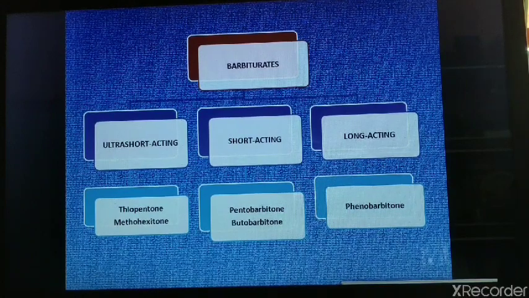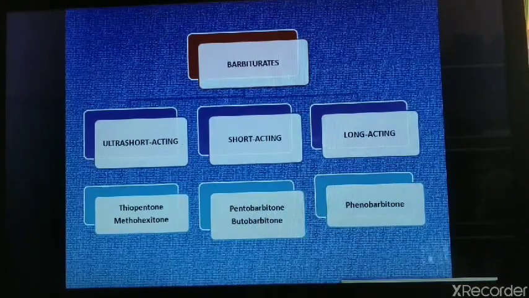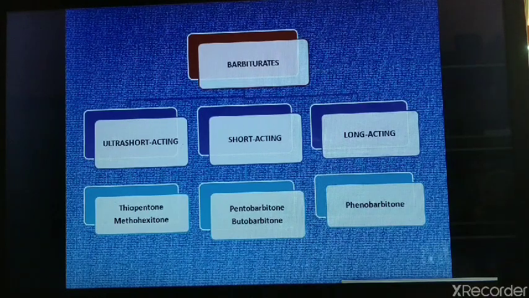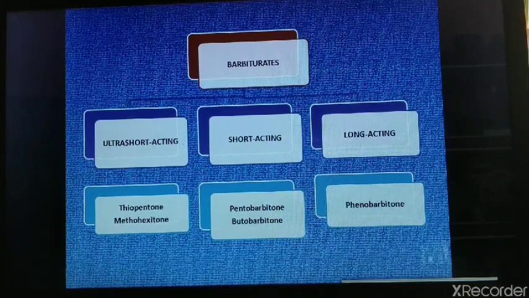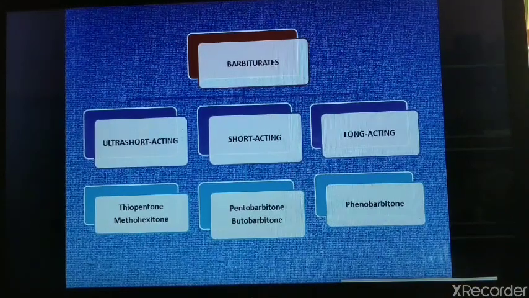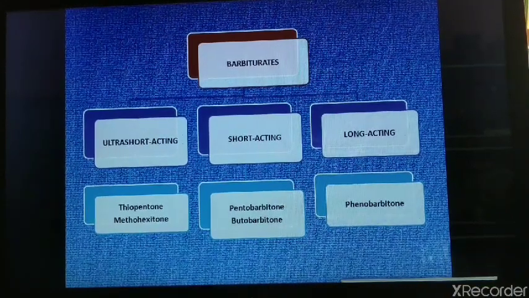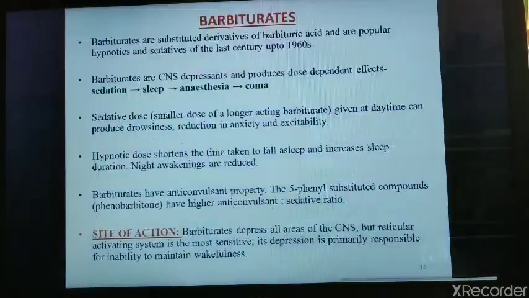Short acting are pentobarbital and butobarbital, and long acting is phenobarbital. Of all these drugs, at present only thiopentone and phenobarbital are being used. Now, let us know a bit about barbiturates.